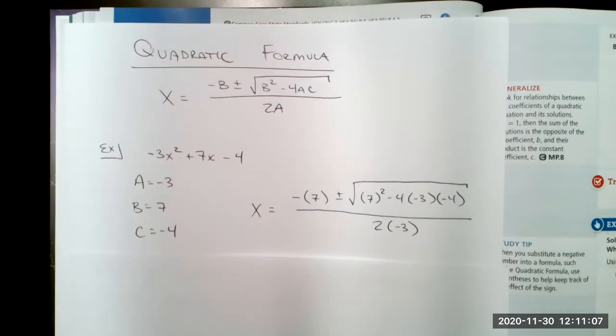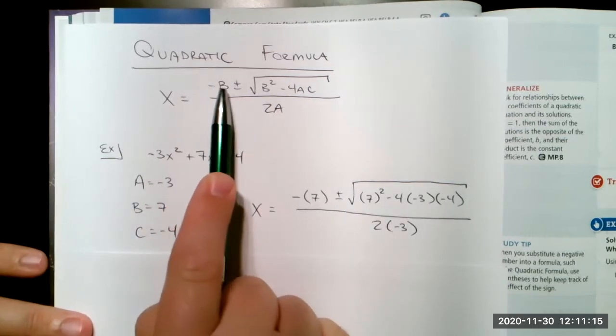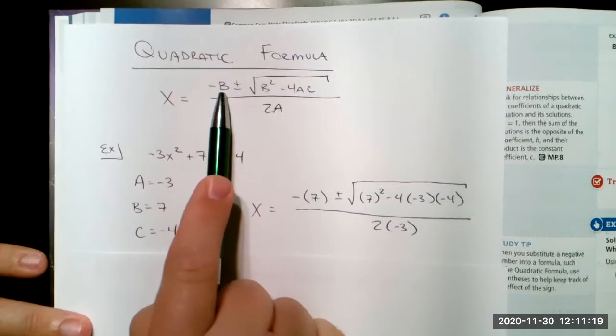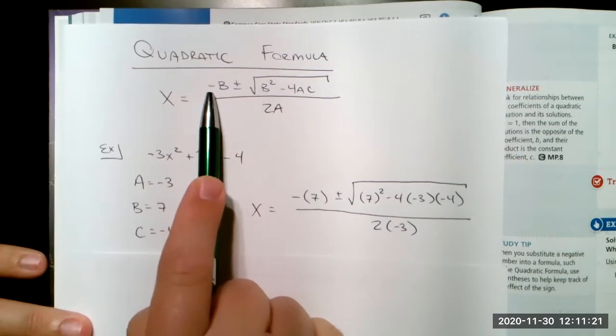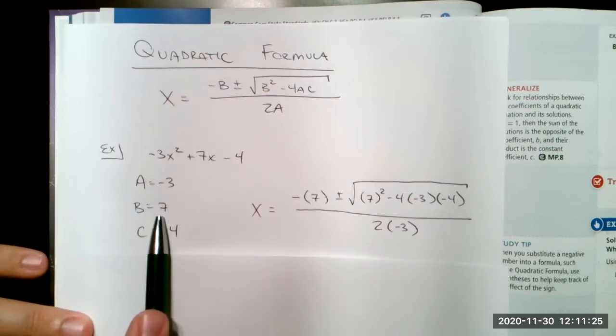So what I would recommend is you doing kind of what I do when I'm thinking about this problem. If I'm looking through this, I always read this instead of as negative b, I think about this as the opposite of b. So whatever b is, I'm just going to plug in the opposite of b there. You'll notice that b is positive 7, and see what I have?